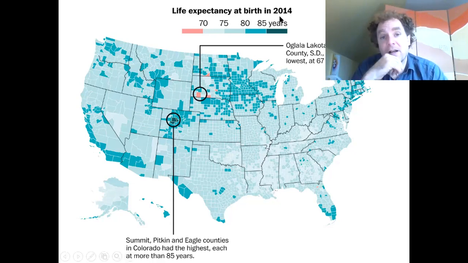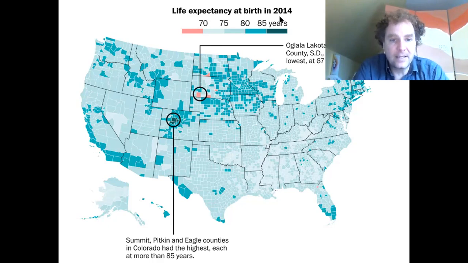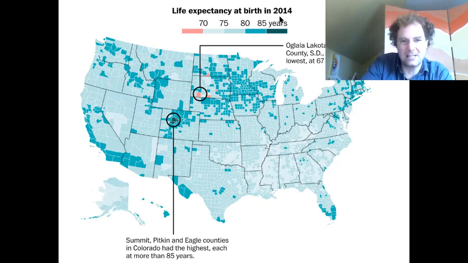Based on two communities where they live. So the first community is one of the poorest neighborhoods in America, the Lakota County in South Dakota, which is largely a Native American community that is very impoverished, versus Summit, Pitkin, and Eagle counties in Colorado, which is a ski community in Colorado near Aspen.